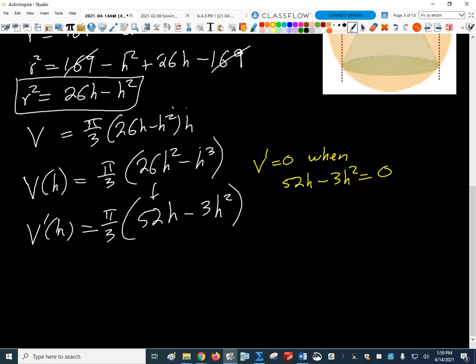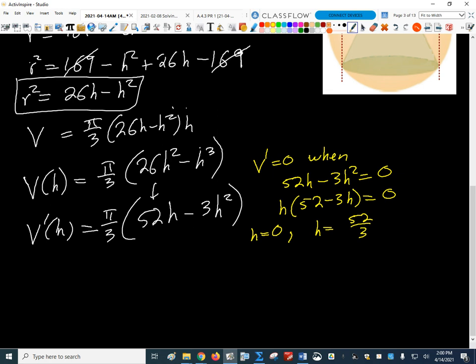I could factor out an h, and I'm left with 52 minus 3h equals 0. So we get two critical numbers then. One is h equals 0, which makes no sense at all, right? That's obviously got to be some kind of a minimum or something. That one we're not going to worry about. And the other one is when h equals 52 thirds, which is, what's that going to be?